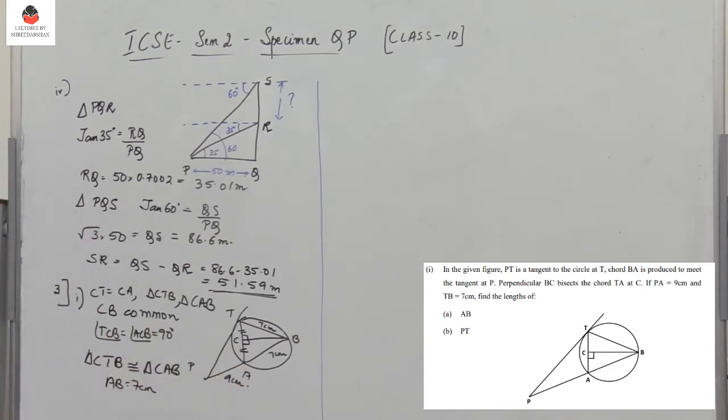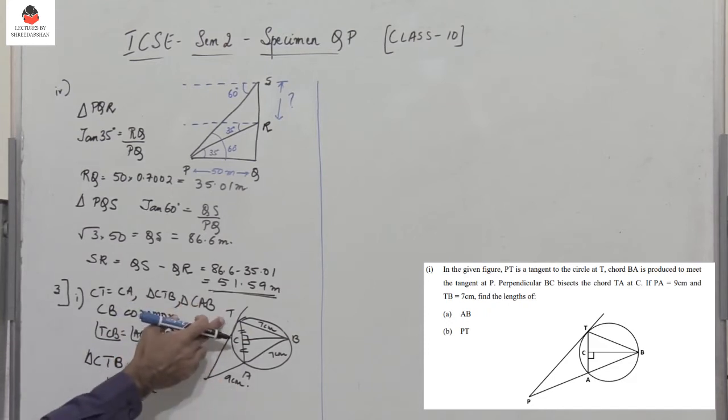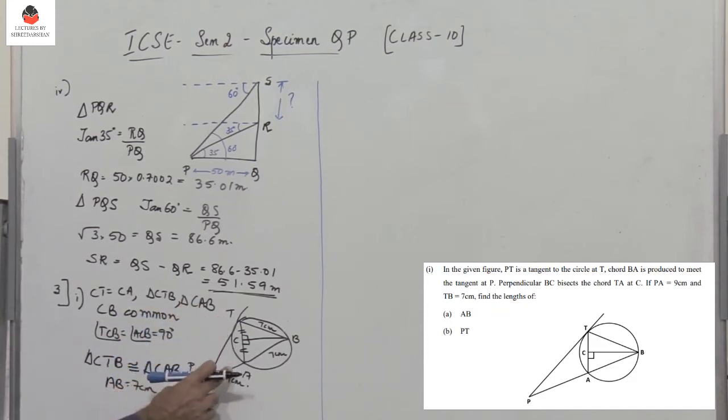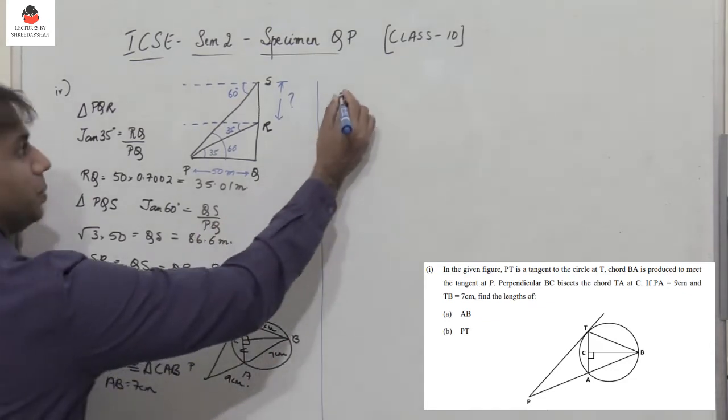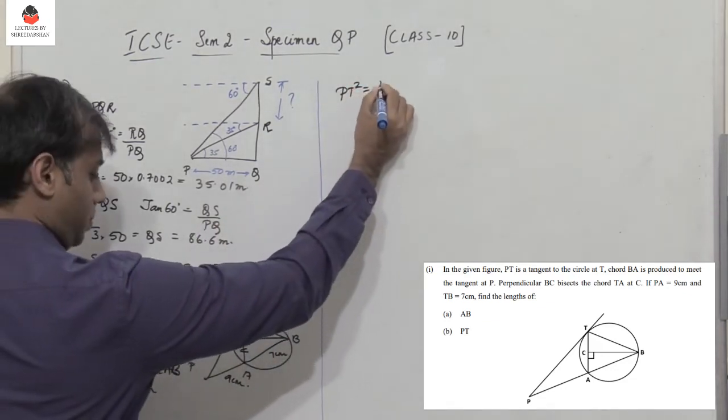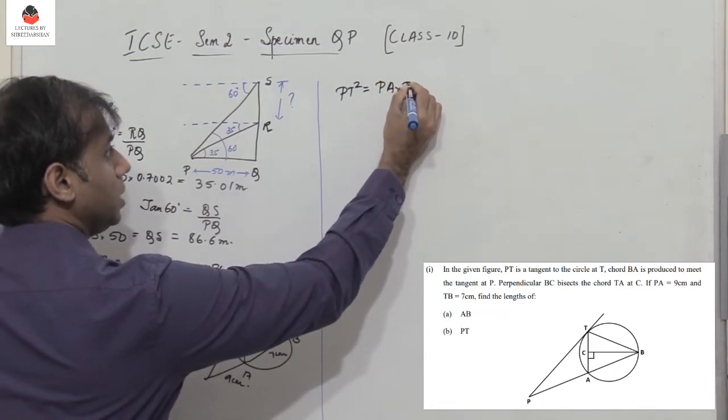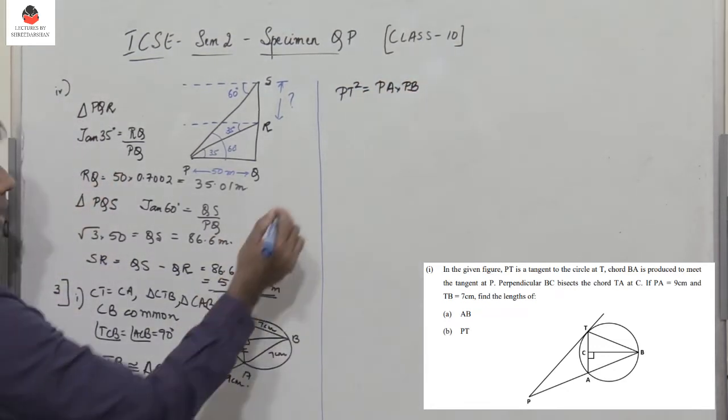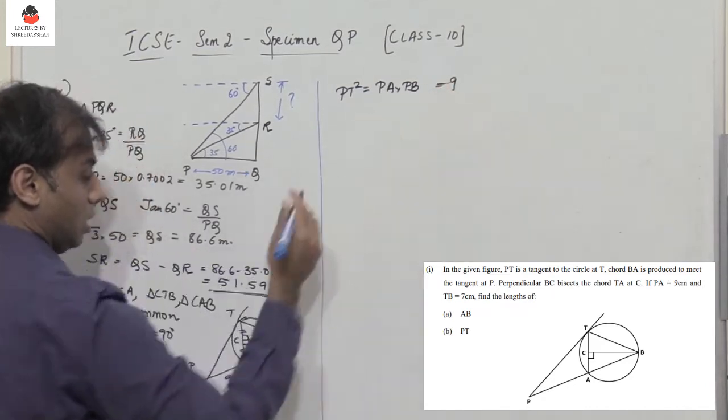So according to the theorem, if a chord and a tangent intersect externally, then what is equal? PT square is equal to PA into PB, isn't it? So PT square is equal to PA into PB. What is PA? It is 9.